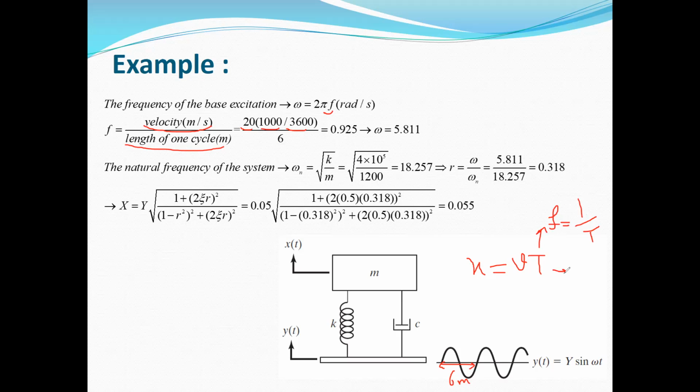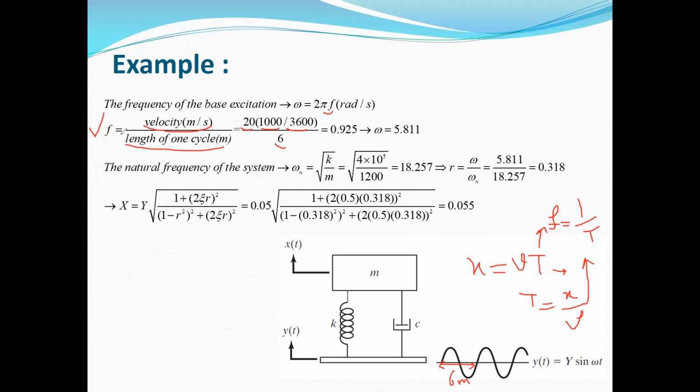So from here we can conclude that t is equal to x divided by v, where t is the period and x is the length of the wave, or this 6 meters. Since f is equal to 1 divided by t, if you substitute, you can conclude that f is equal to the velocity divided by displacement, as we are calculating the frequency of the system. The displacement in fact is the length of one cycle, which is 6 meters.